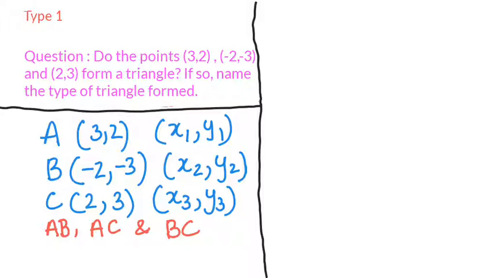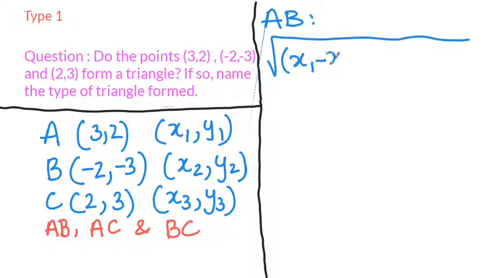So let's begin by calculating the distance between A and B. We know that the distance formula is the square root of (x1 minus x2) the whole square plus (y1 minus y2) the whole square.